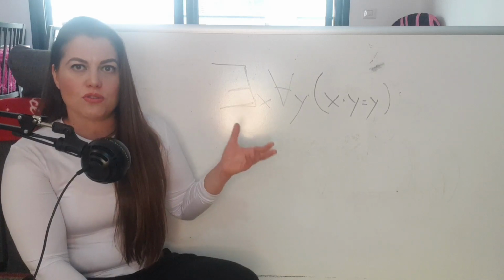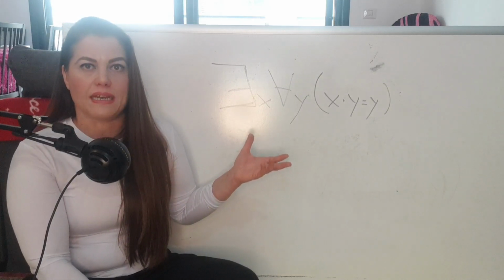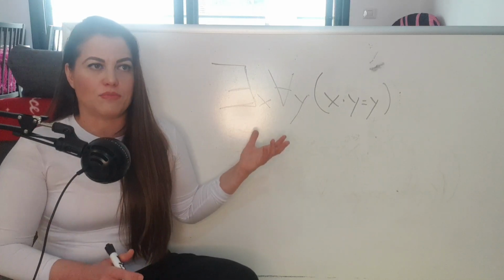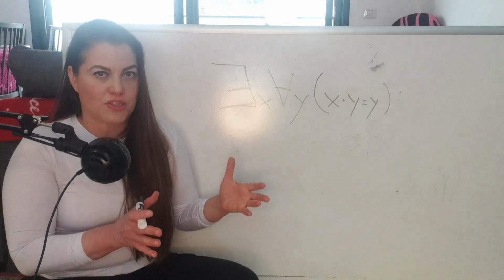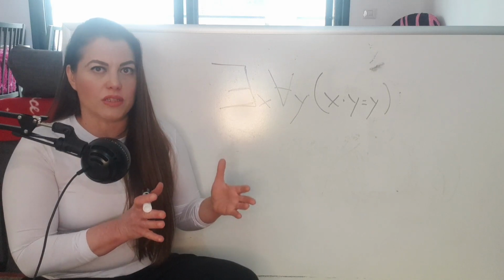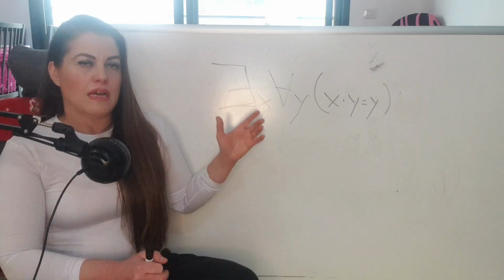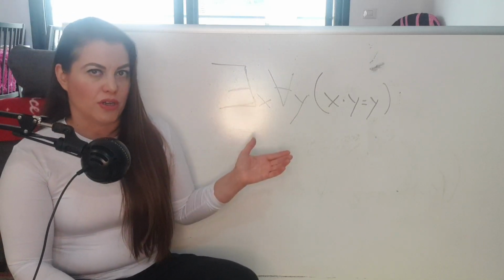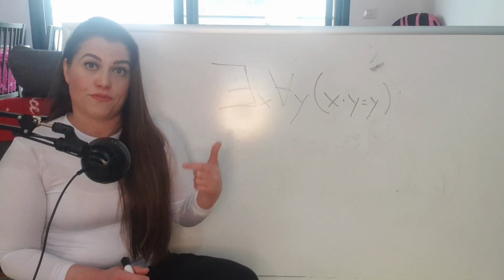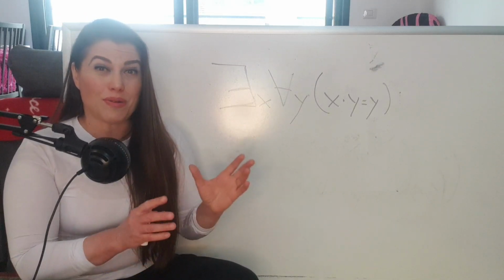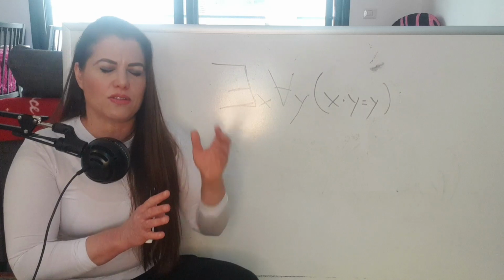Okay, but now I'm going to make it a little more complicated. When I say that I'm talking about all the numbers in the world, I'm going to actually limit this world to a much narrower space. So now I'm going to say to you, there exists a number in the world, I'm talking about the number 1, that for it, whichever number in the world that I will choose, and now I'm going to limit this world. I'm not really talking about all the world.